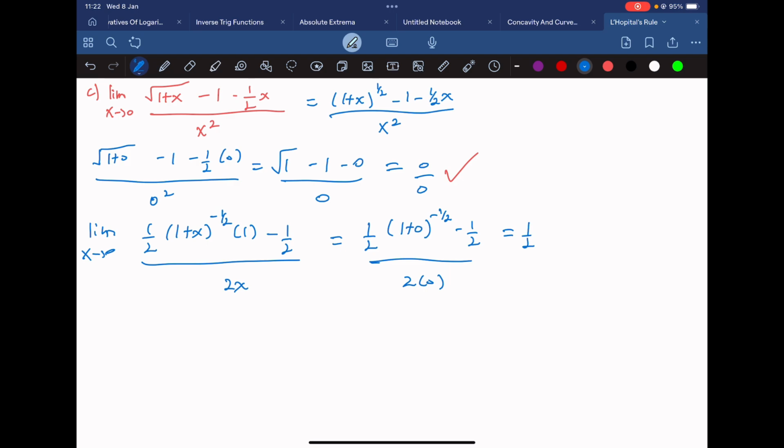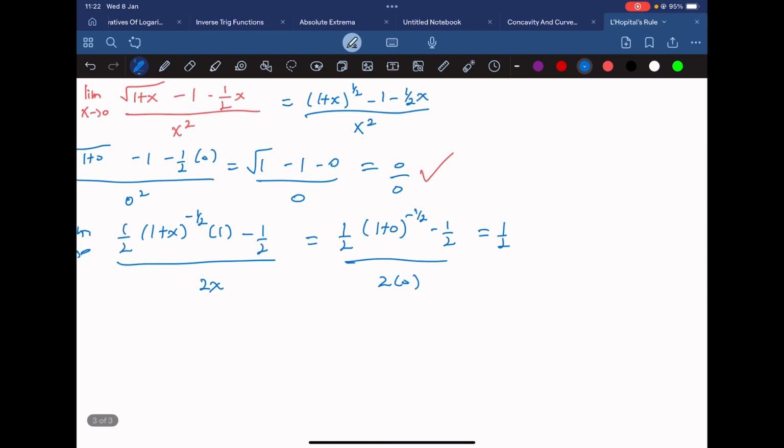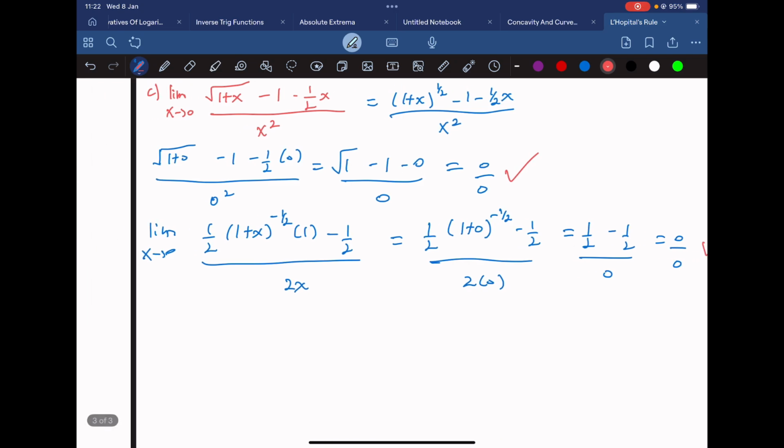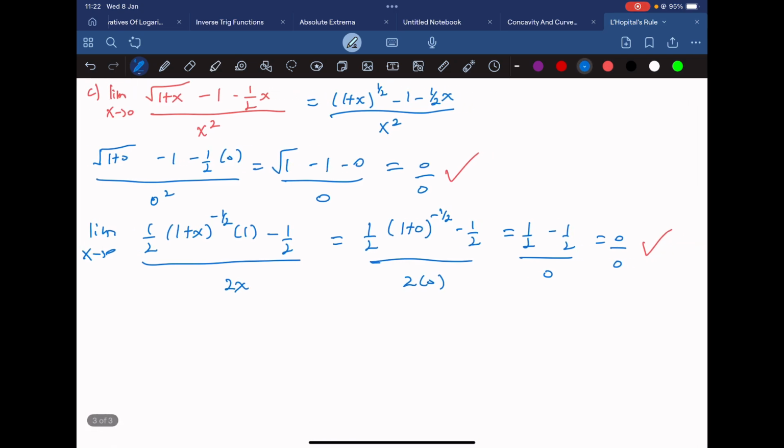So we have 1/2, then 1 + 0 is just 1, and 1 raised to any power is basically 1. So we just have 1/2 minus 1/2 over 0. So this just gives 0 over 0. This is the indeterminate form we want, so we can keep on differentiating.